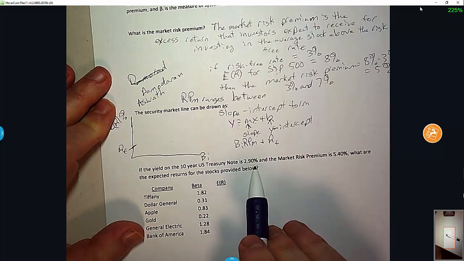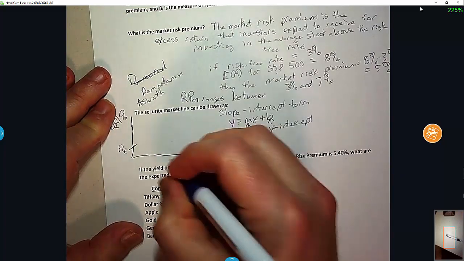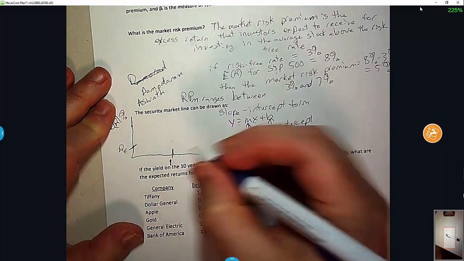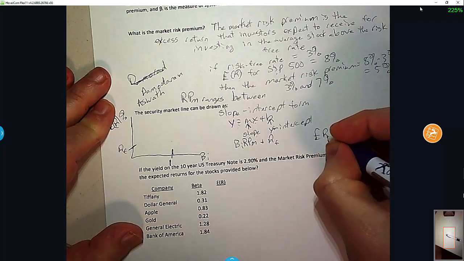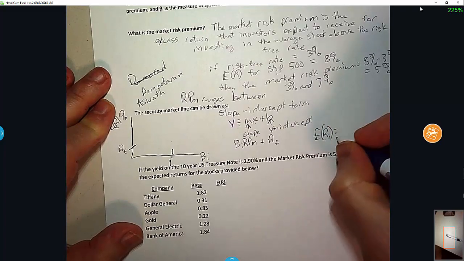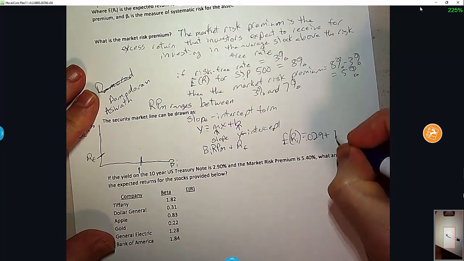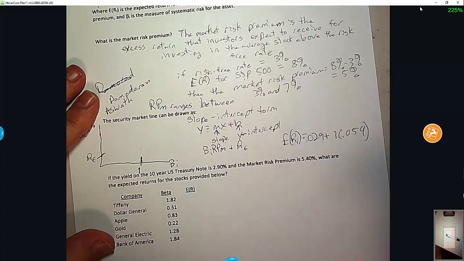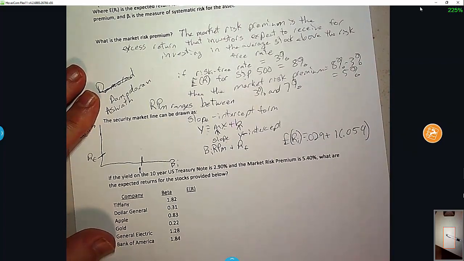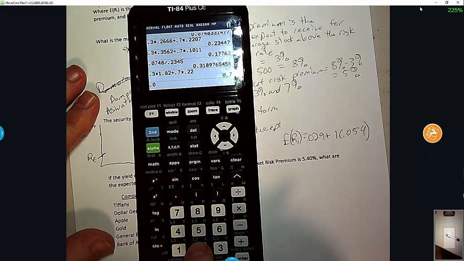So I give you an example down here. The risk-free rate is 2.9%. The market risk premium is 5.4%. For the average stock with a beta of 1, the expected return would be equal to 0.029 plus 1, the beta, multiplied by 0.054, giving us an expected return of 0.029 plus 0.054.